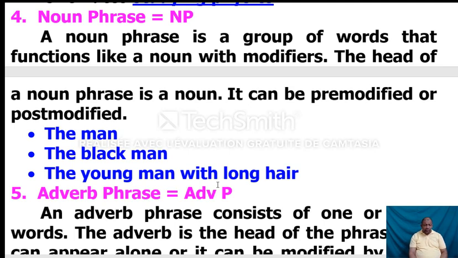The third example, we have pre-modification concerning the young man. Man is always the head, with long hair, this is post-modification. To post-modify a noun means to use some words after the noun. When we say to pre-modify, pre means before, post means after.